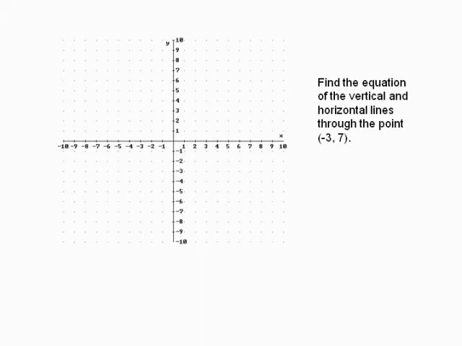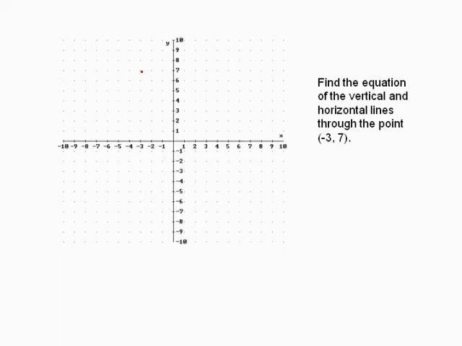Let's find the equations of the vertical and horizontal lines through a given point. Let's take (-3, 7), which I'm going to come up here and plot in pretty red. Now if we want the equation of the vertical line first, I'm just going to run a vertical line as best I can.